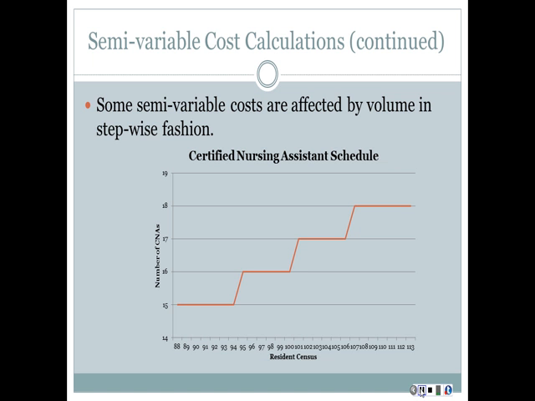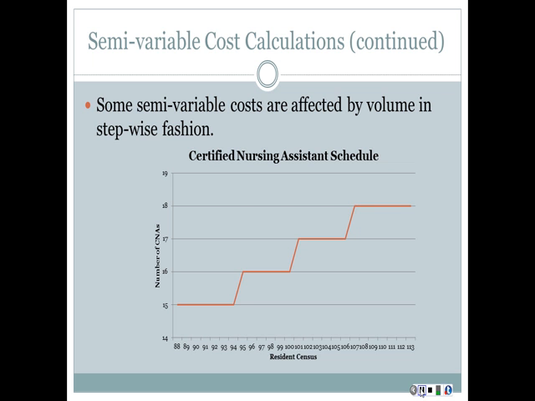And we could get by with 16 up until we reached a point of about 101 residents, and we had to add another CNA. And at 107 residents, we added another CNA. So you can see that it goes up in a stepwise manner.